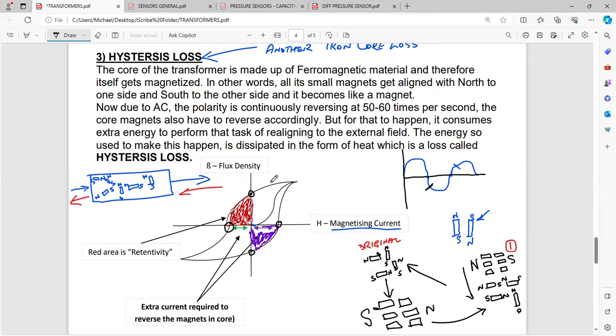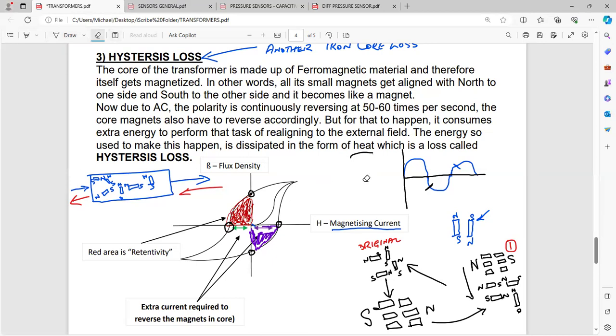So if you trace this particular curve, this is called the BH curve or the hysteresis curve. If this curve is going to be really fat, then the energy that is going to be lost is determined by the fatness of this curve.